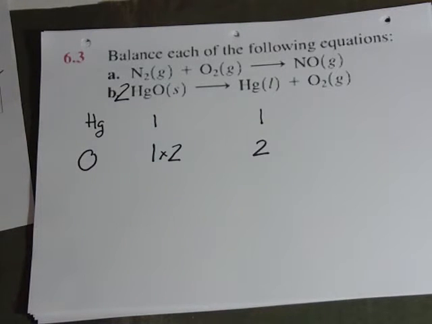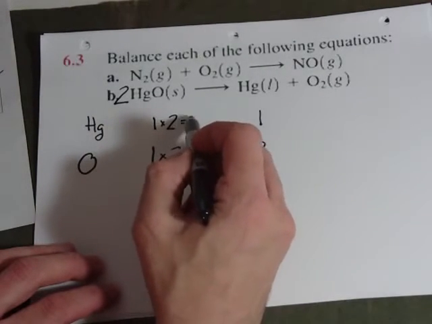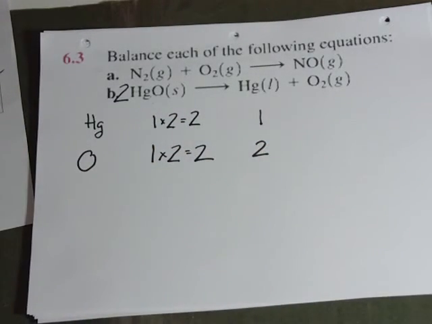That coefficient 2 is distributed to not only the oxygen but also the mercury, the Hg. So now we have 2 mercuries and 2 oxygens.